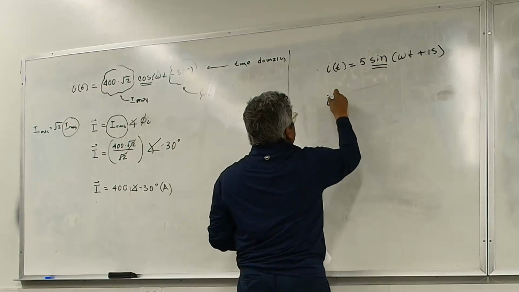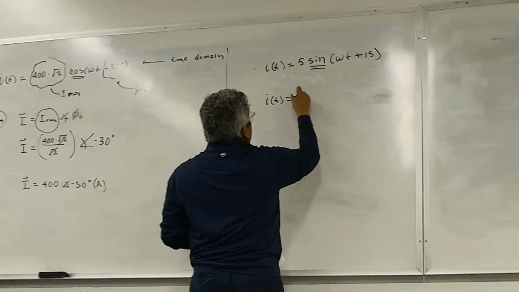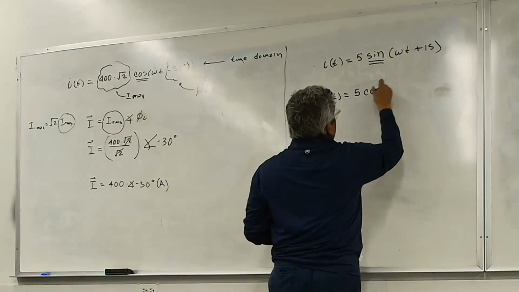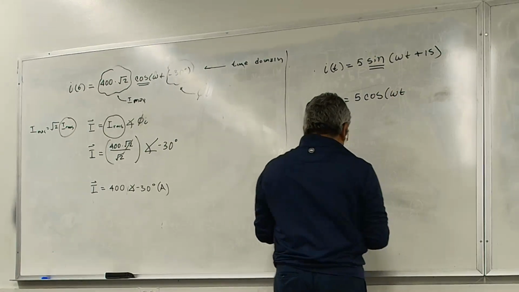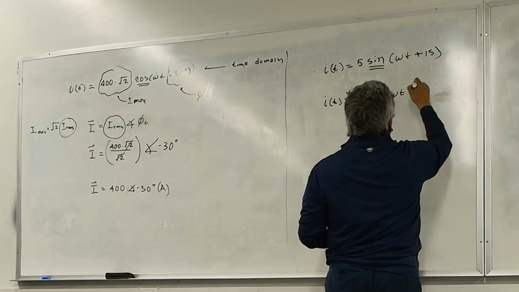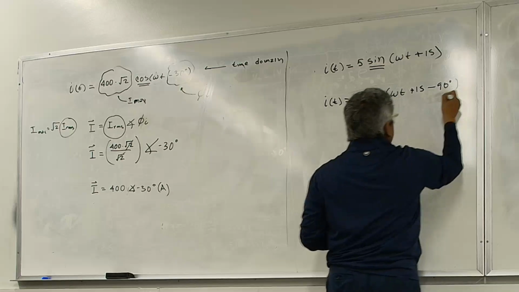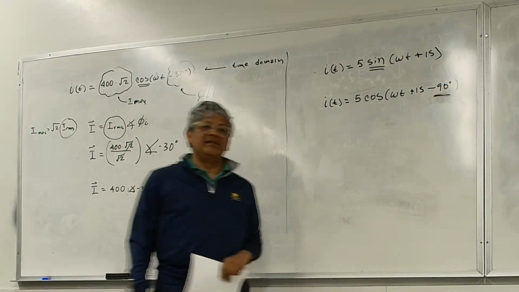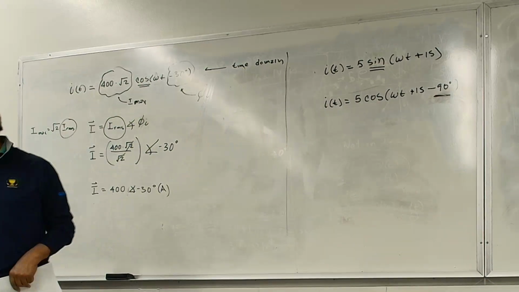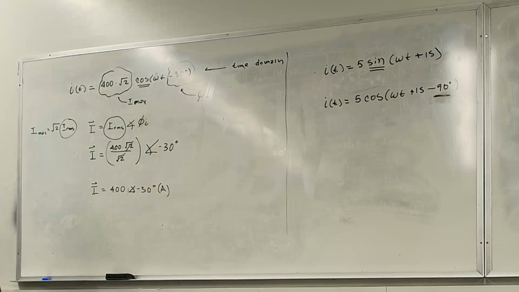So i of t is equal to 5 cosine of omega t plus 15 minus 90 degrees, because this is what makes the sine signal a cosine signal, by shifting it by minus 90 degrees.